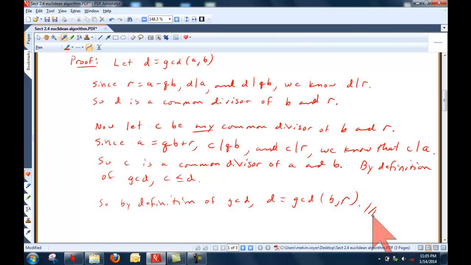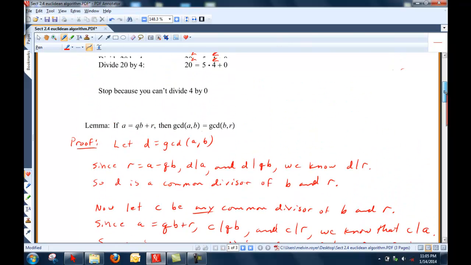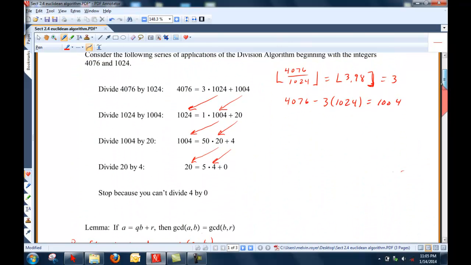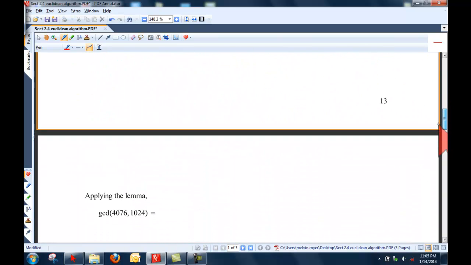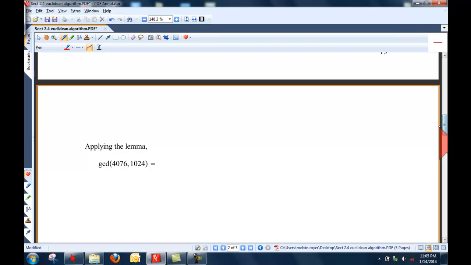So now let's look at the computations we were doing here in light of the theorem. What this series of computations has shown is the following: that GCD of 4076 and 1024 is equal to the GCD of 1024 and 1004.